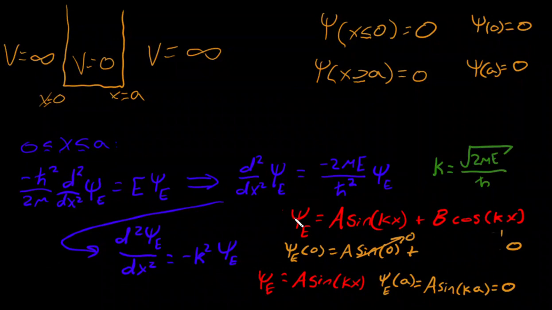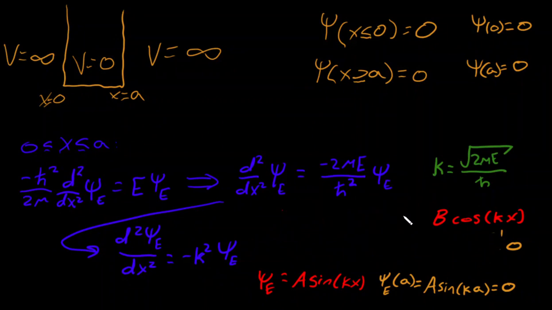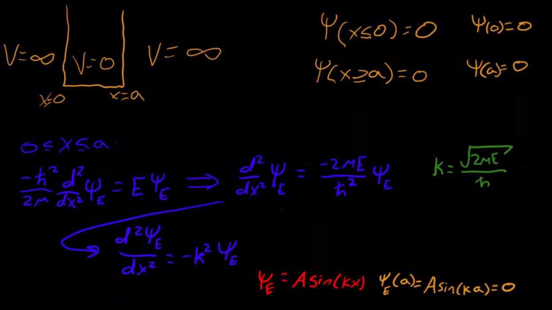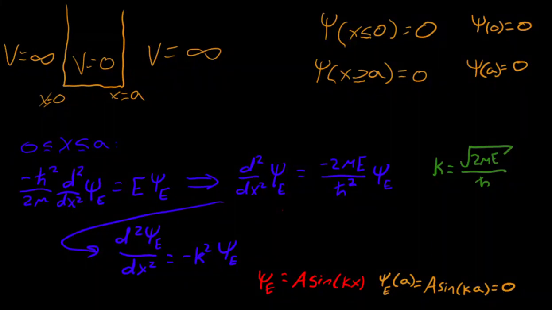Now it should be more obvious why, because we couldn't have done that as easily if we had used e to the ikx. Okay, so we don't want A to be 0, because if A equals 0, then the wave function is 0 everywhere, and then why even solve the problem?